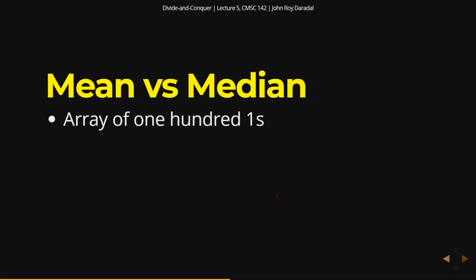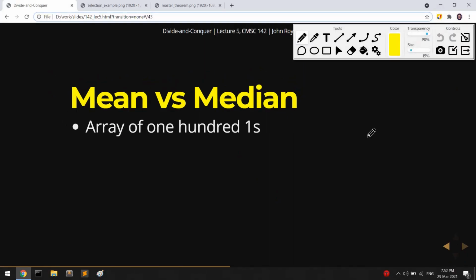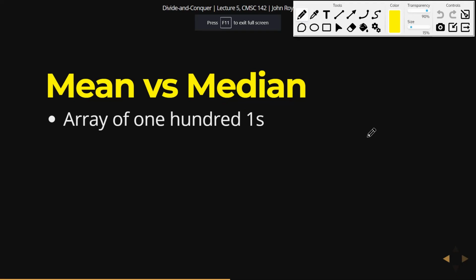So for example, the difference between mean and median is this. Let's say you have an array of 100 ones. If we draw this one up, like let's say 1 1 1 1 1 1 1, and there's 100 of them.